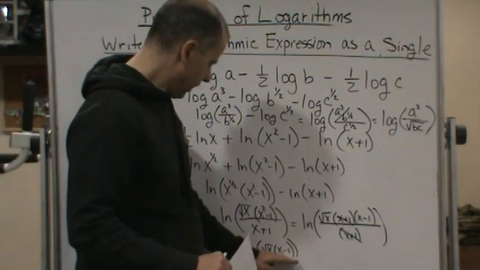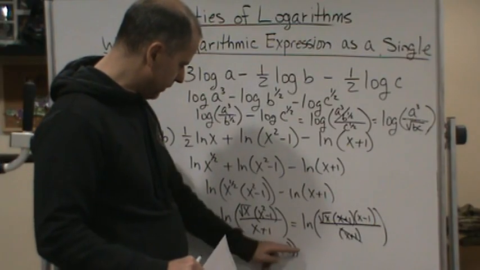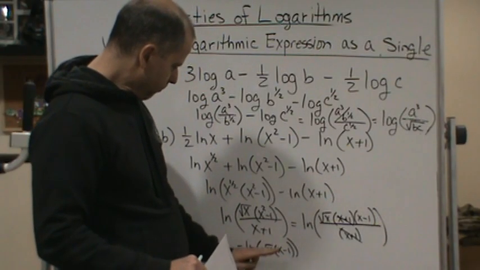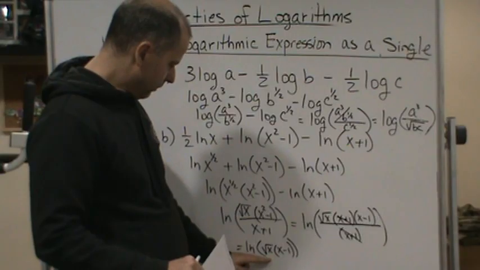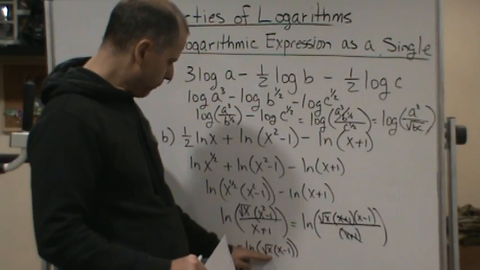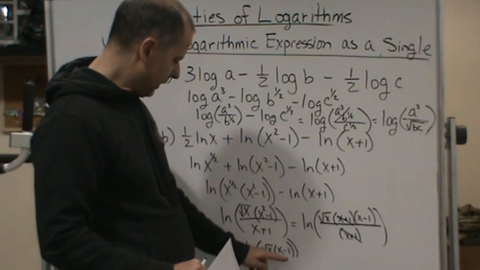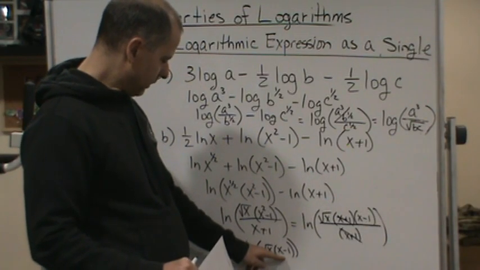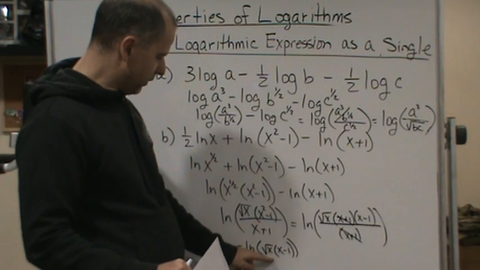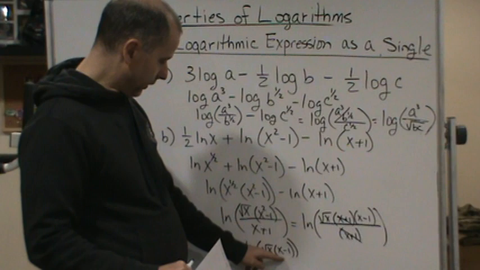But down here, if you notice the same thing, inside here has to be greater than 0. So it can't be negative, and it can't be 0. So in this case, x can't be 0, and x has to be greater than 0 here. x has to be greater than 1.